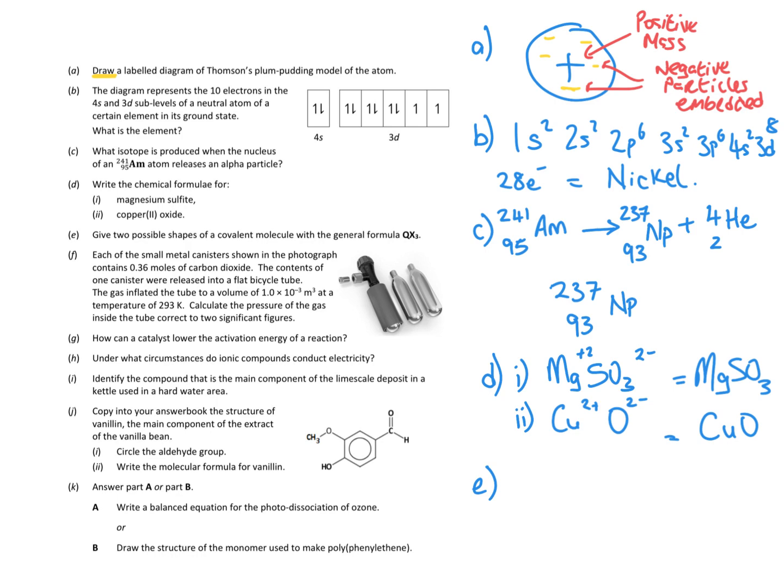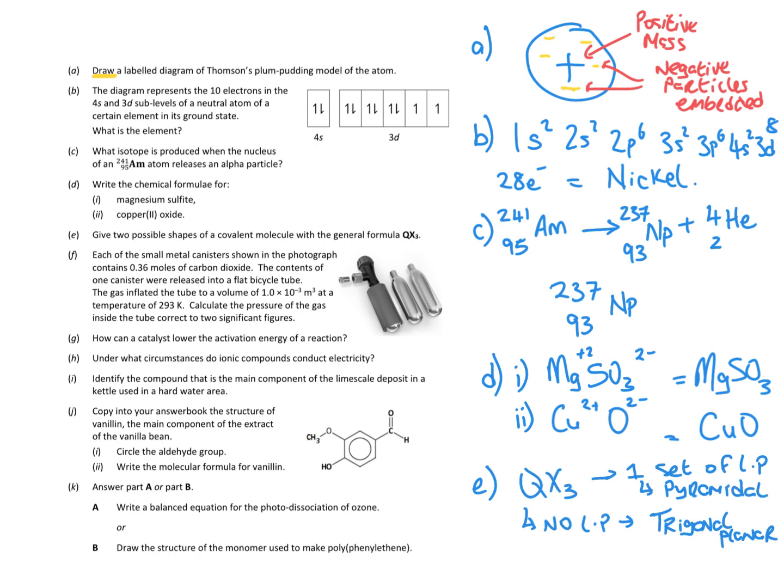With QX3 there are 2 possibilities: you can have one set of lone pairs, or no lone pairs. If there are no lone pairs present, then the structure is trigonal planar. And if there is a pair of lone pairs present, then it is called pyramidal.